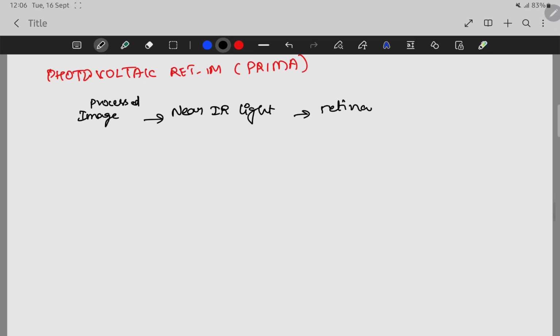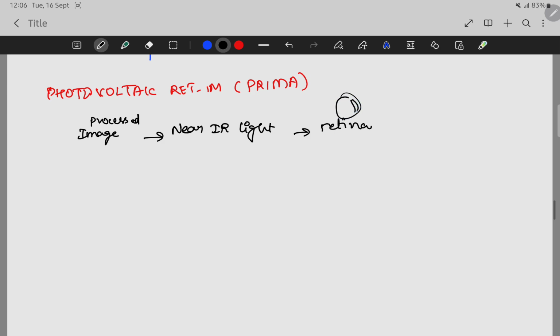It produces infrared light which falls onto the retina. So we have this implant, a subretinal photodiode array, which stimulates the retina. Okay, so this is regarding the Pixium Vision PRIMA subretinal implant.